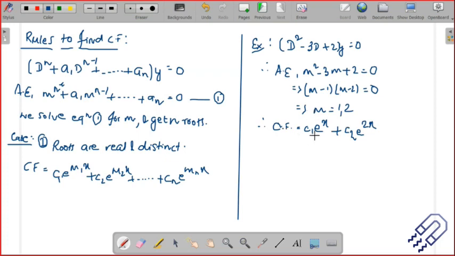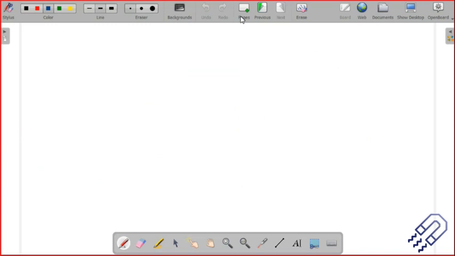This is your complementary function. Now remember, it's a second order equation, so you have just got two terms here. Third order, you'll have three terms and so on. Okay, so it'll keep on continuing that way. So this is your case 1. Okay, so there can be other cases also. Let me just discuss those other cases first. Okay, so let me just take case 2 here. Case 2.